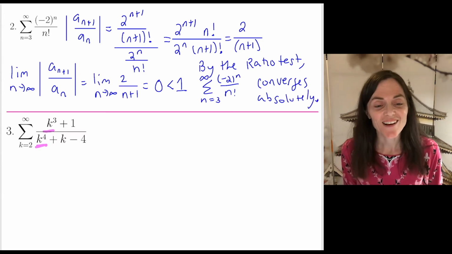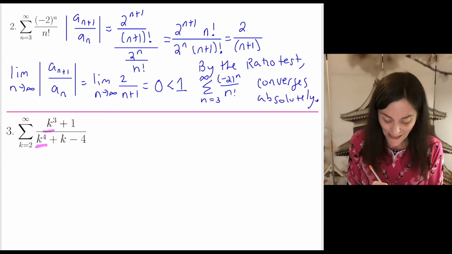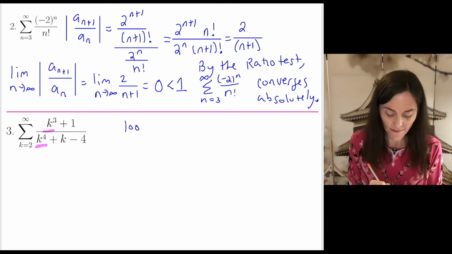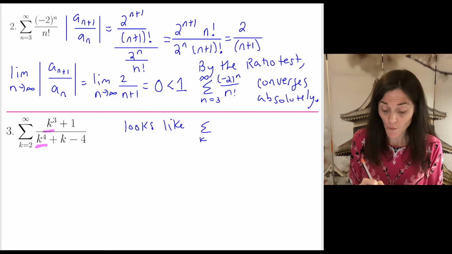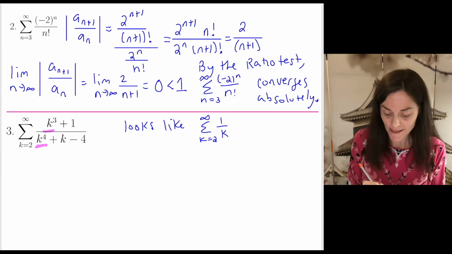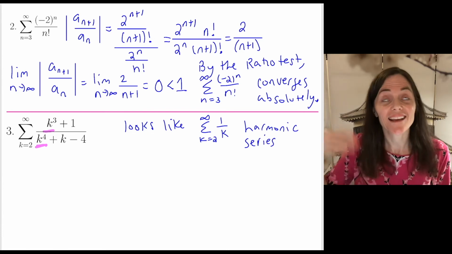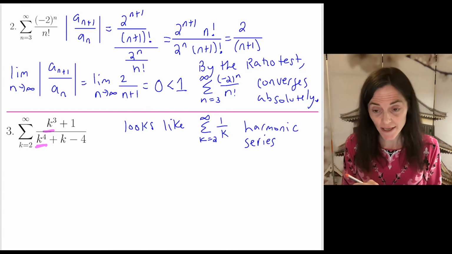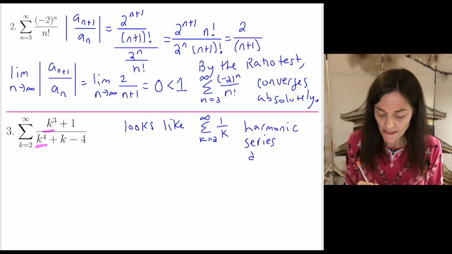Number 3, well, as I mentioned, this looks like the sum k equals 2 to infinity of 1 over k. And this is the harmonic series, or you could say it's a p-series with p equals 1, less than or equal to 1. This would be fine in terms of justification, but this diverges.